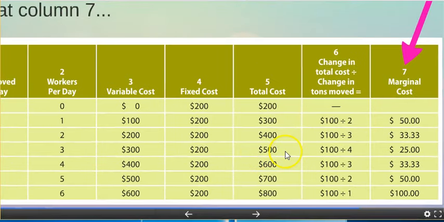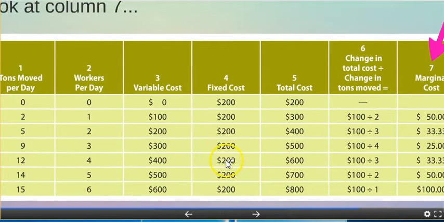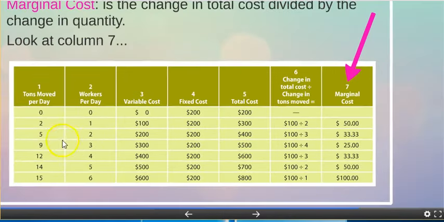So we've got total cost, and then we did change in total cost divided by change in tons moved. Our total cost here changed by $100. We wrote it there. Our change in cost is $100. The amount of tons moved is right here.